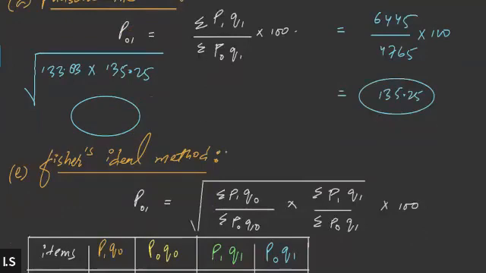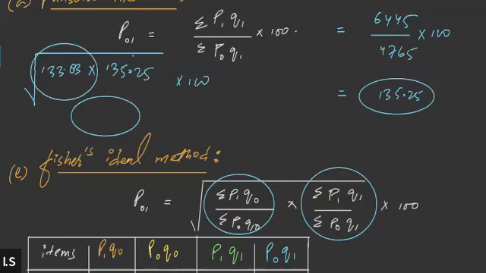You're getting my point? So see, this is the Laspeyres index number, and this is the Paasche's index number. So in order to find the Fisher's ideal index number, we can simply multiply the answers we have got as per Laspeyres and Paasche's methods, and then find the square root. If you solve Fisher's method like this, then you are not required to multiply it with 100 again, because while calculating the index number as per Laspeyres and Paasche's, we have already multiplied it with 100.